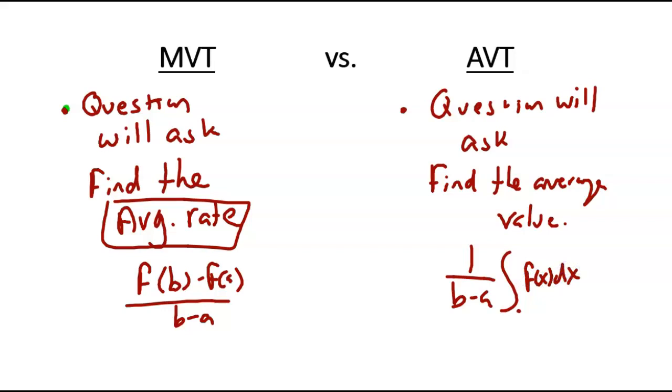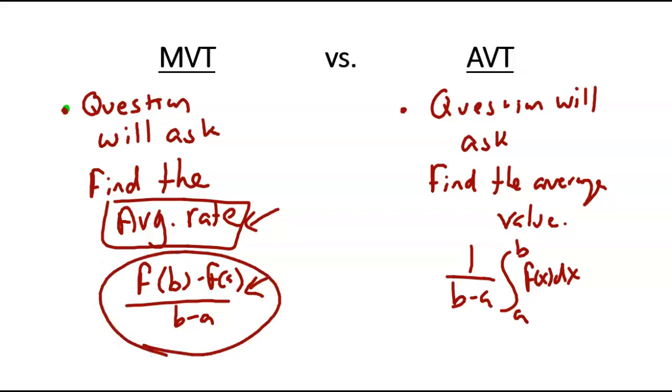That's what they want. So when you see find the average value, they want that process right there. When they say find the average rate, they mean this guy right here. Those are two completely different things. Okay? So you've got to recognize they both say average, but the one that says average rate is this formula. The one that says average value is this formula.